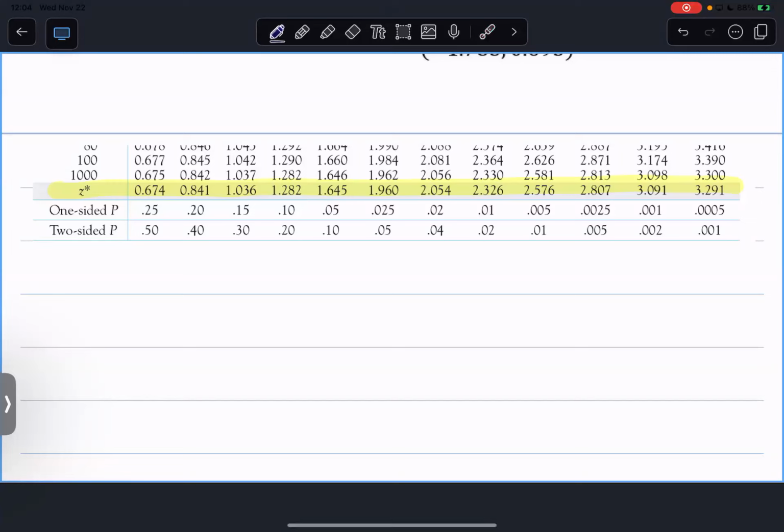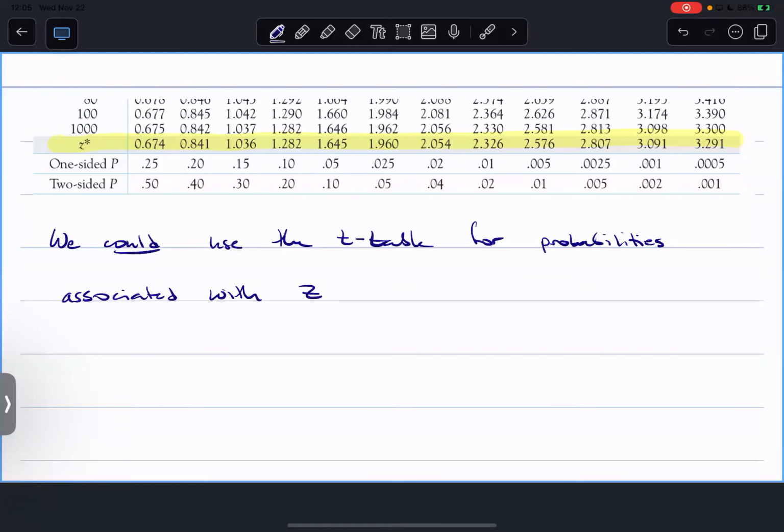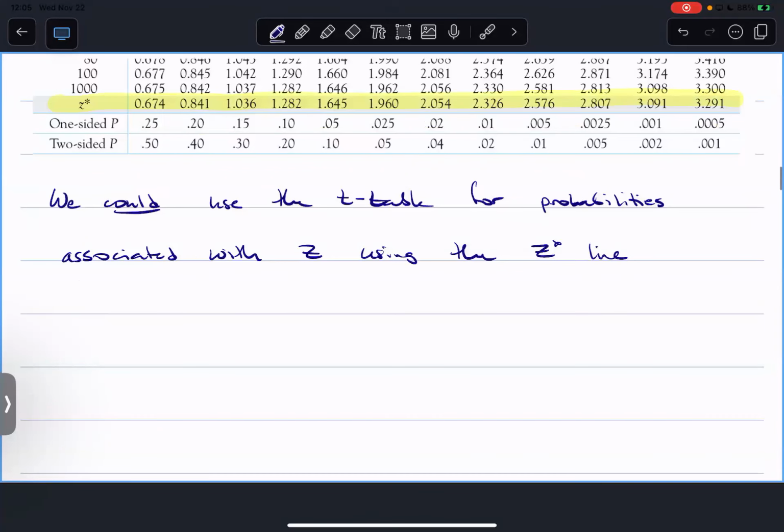So what we could do, we could use the T table for probabilities associated with Z. Using the Z star line as our degrees of freedom.